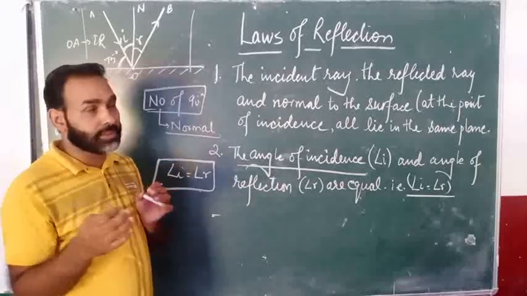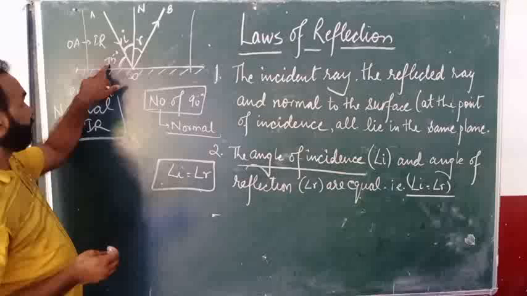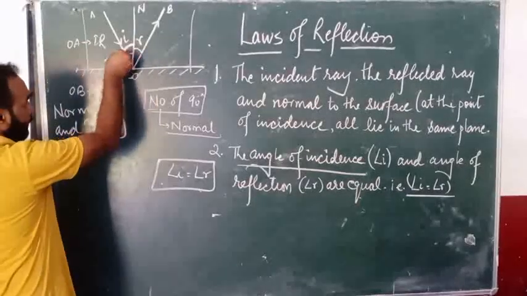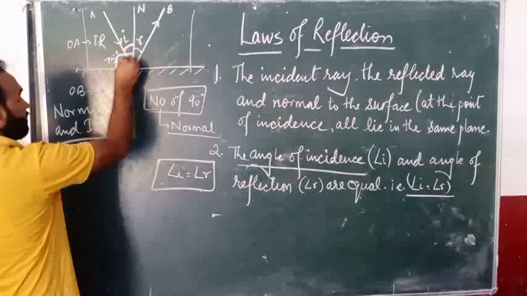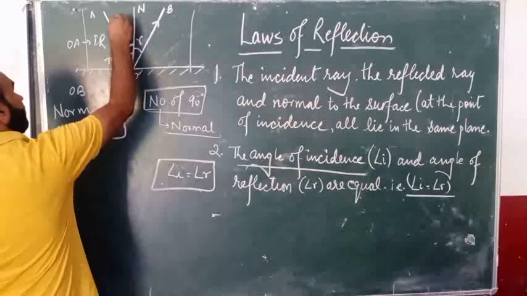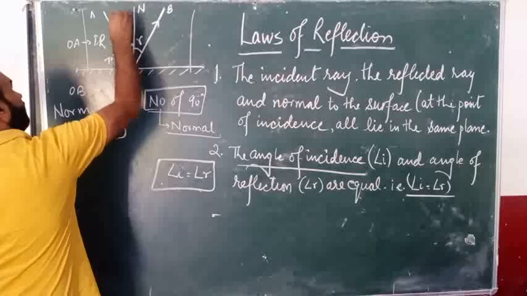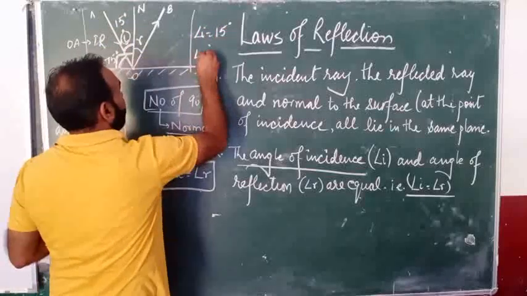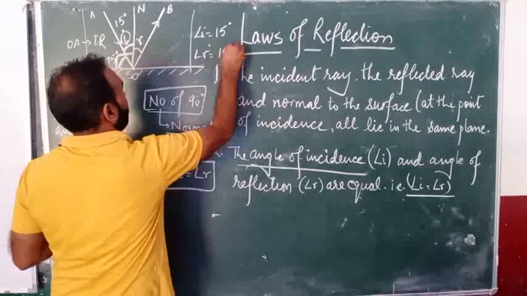It is not an angle of incidence. That is the angle with the surface. So you have to find out angle of incidence first, because you know this complete angle is 90 degree. So if this is 75, so definitely this angle will be your 15 degree. So that means angle I comes to be 15 degree. So angle R will also be equal to 15 degree.